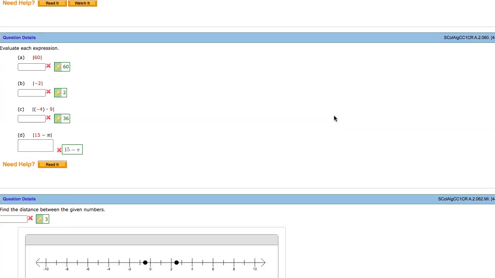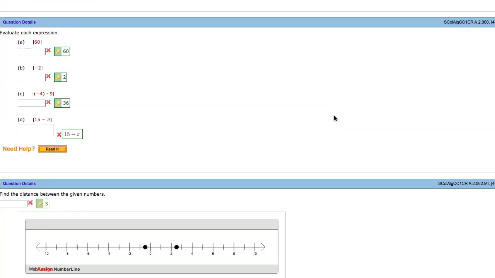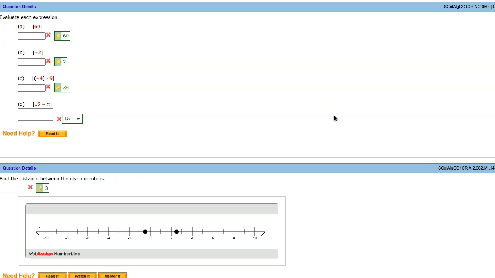Now, number 29, evaluate each expression. So absolute value, this is just a good old recap. So the absolute value of 60 is 60, absolute value of -2 is 2. And remember, absolute value just takes off negatives. Now, guys, 15 is bigger than pi, so 15 stays in front of pi.